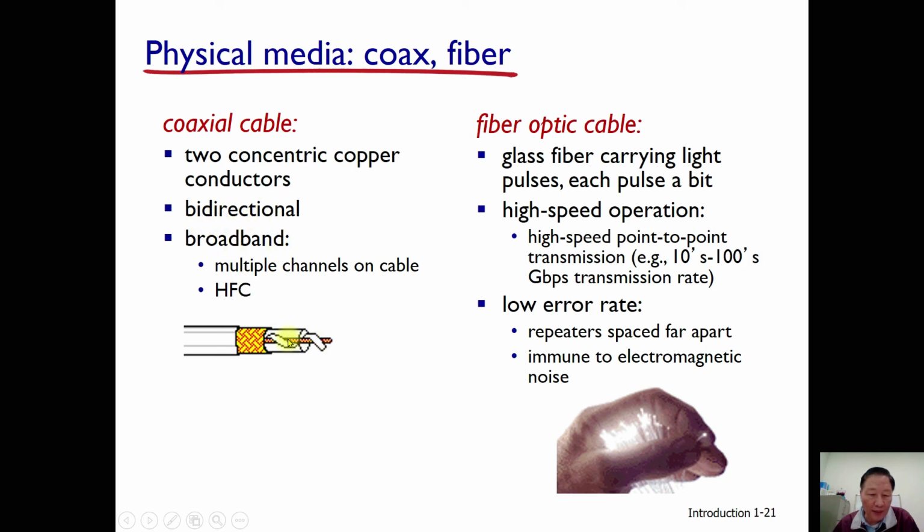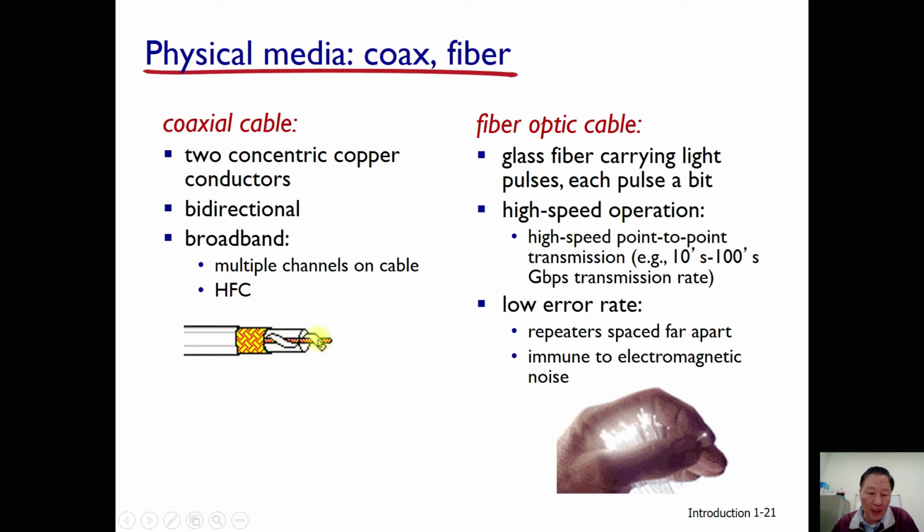Broadband means a wide frequency range, and we can divide it into very small pieces of frequency spectrum. Then we can provide different channels. There are multiple channels on one single cable, that is possible. Think about our cable TV in our house.